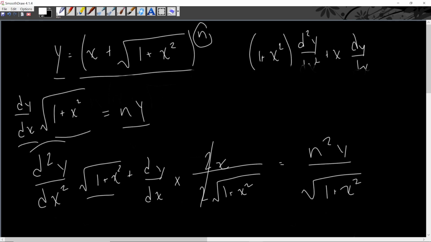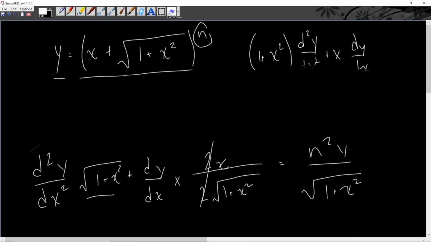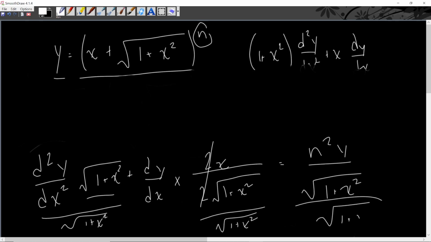And now we're simply going to divide every term by square root of 1 plus x squared. So, yep, that by square root of 1 plus x squared, that by square root of 1 plus x squared, and then all of that by square root of 1 plus x squared.